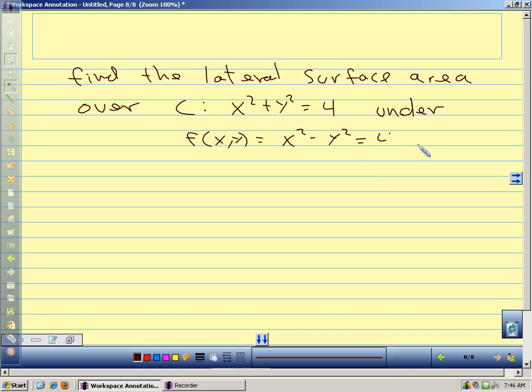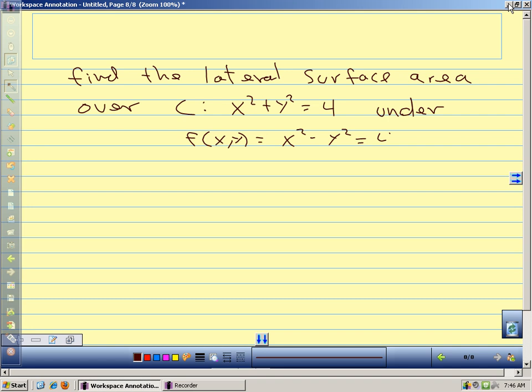So here's our problem. We want to find the lateral surface area over this curve and under this function. So what is this problem asking us to do? What would be our procedure?